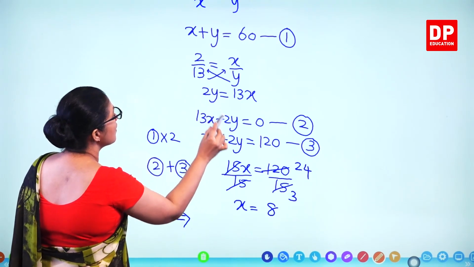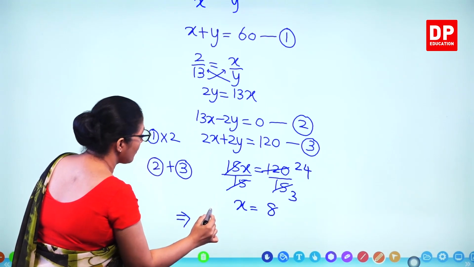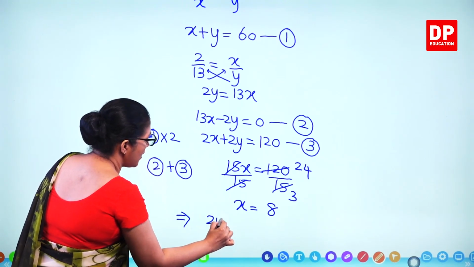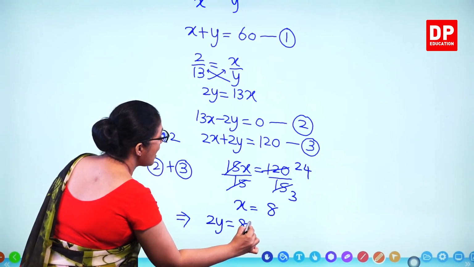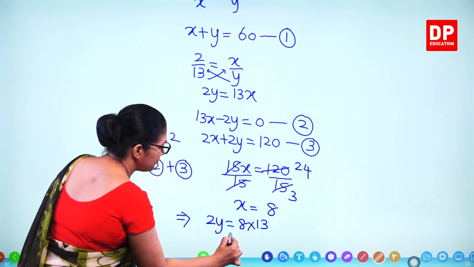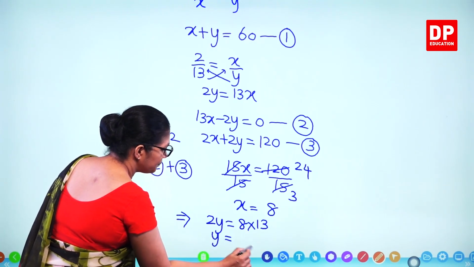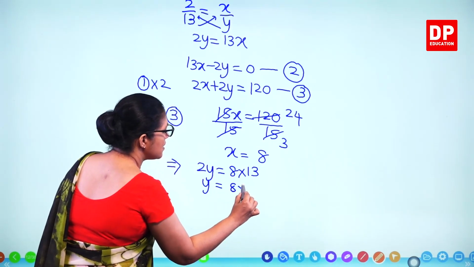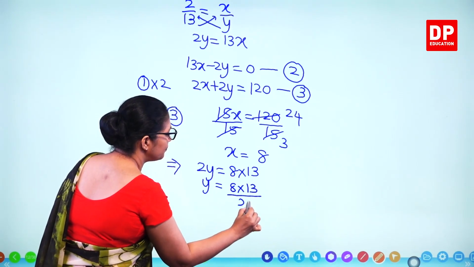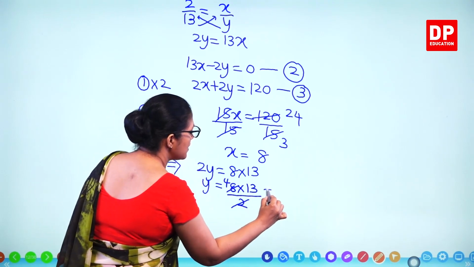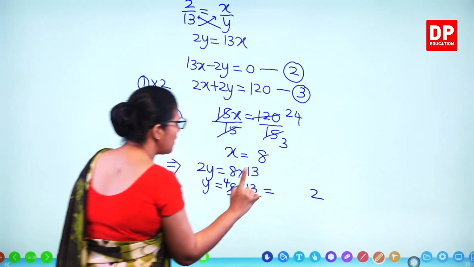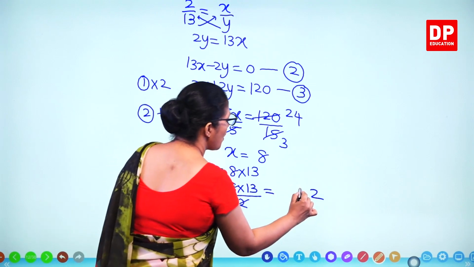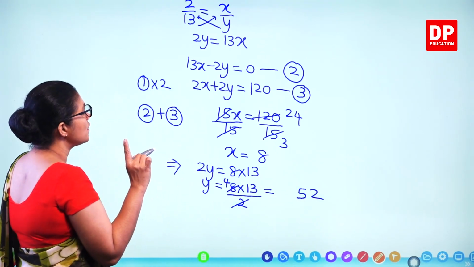Then you can easily find out Y using this equation. 2Y equals 8 times 13. So what is Y? 8 times 13 divided by 2. So 4 times 13. 4 times 3, 12. 4 times 1, 4 plus 1, 5. So Y is 52.